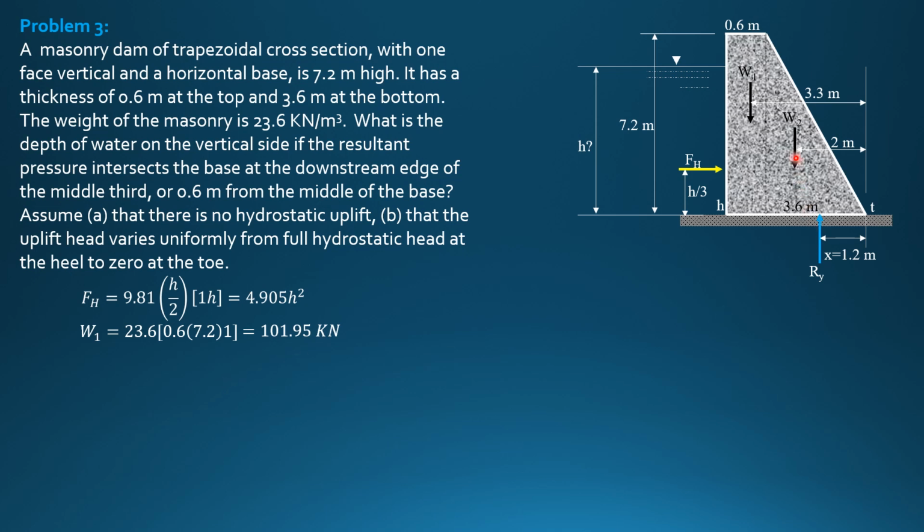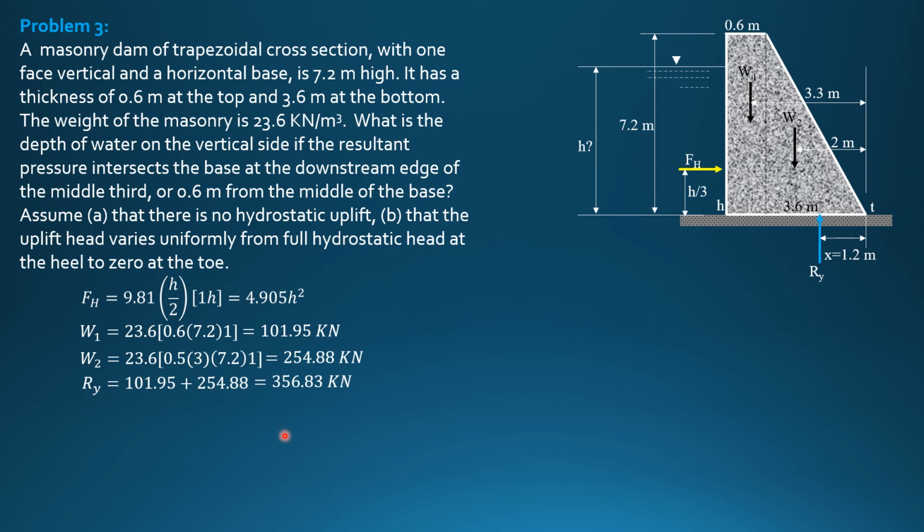Weight 2 is 23.6 times 0.5 of 3 times 7.2 times 1, so weight 2 is 254.88 kilonewtons. Therefore, R_Y is just weight 1 plus weight 2: 101.95 plus 254.88, so R_Y is 356.83 kilonewtons.